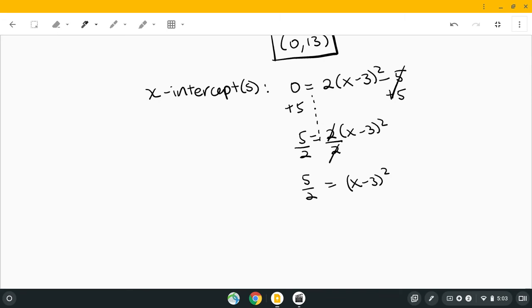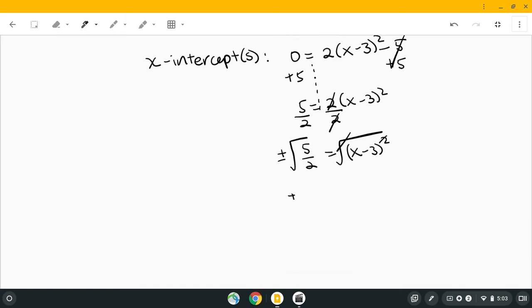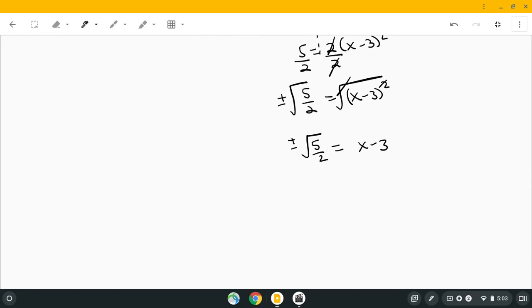So now I'm going to take the square root of both sides to cancel out this square. But remember, when you do the square root, you get plus minus square root here. All right, so we get plus minus square root of 5 halves equals x minus 3. Okay, we're still going.